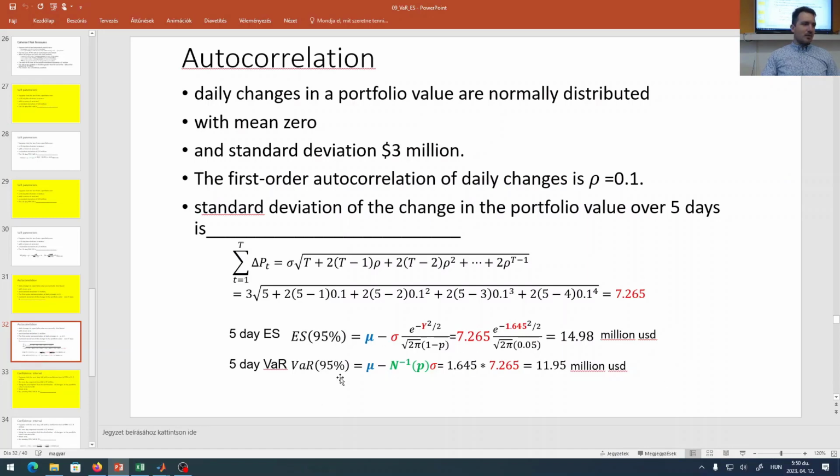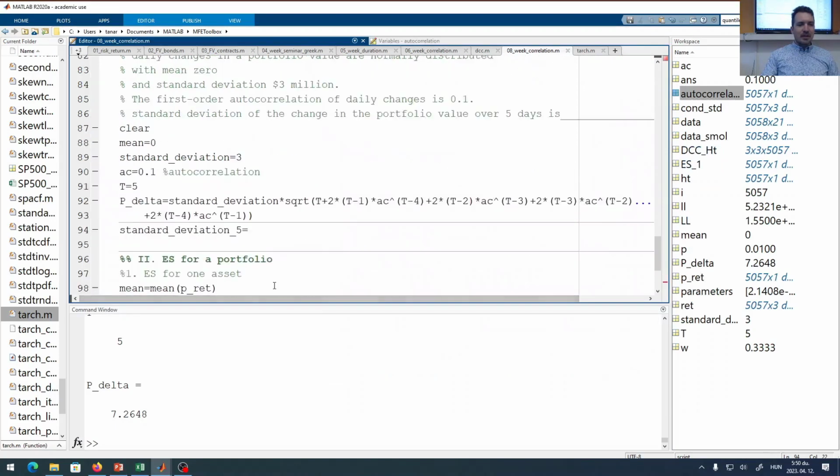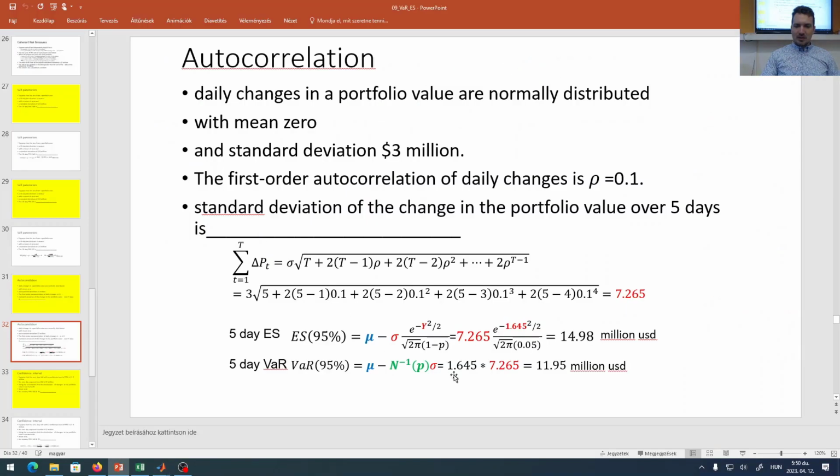Okay, let's start with the VaR. It's easier. But practically this is the standard deviation, because this is behaving like a standard deviation.